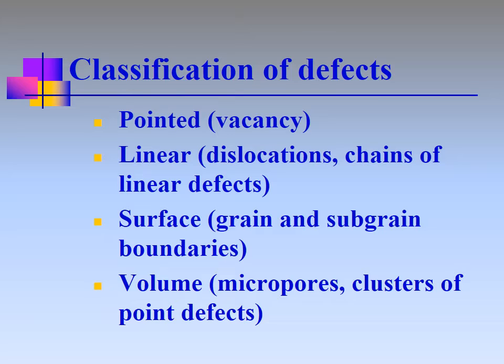And at last, the volume defects. These are voids, pores, particles of another phase, inclusions. We emphasize again that all these defects are produced during crystal growth or as a result of various influences and significantly affect the properties of the crystal.